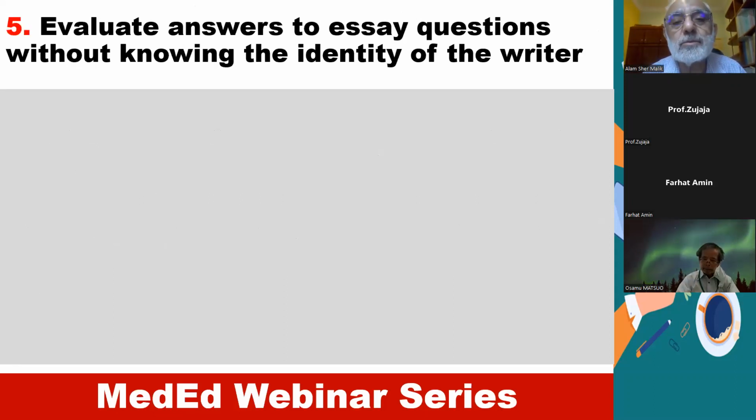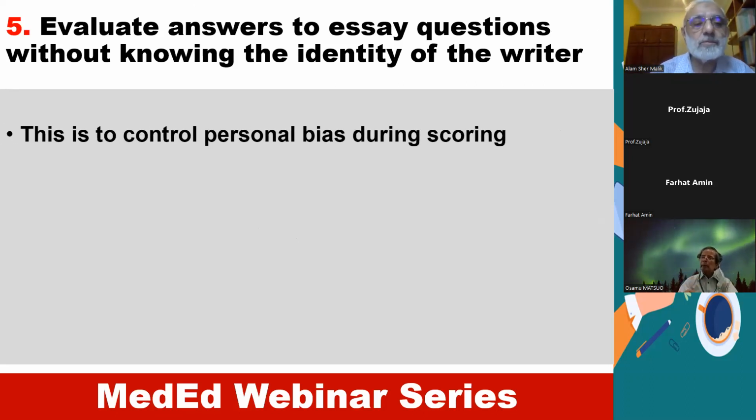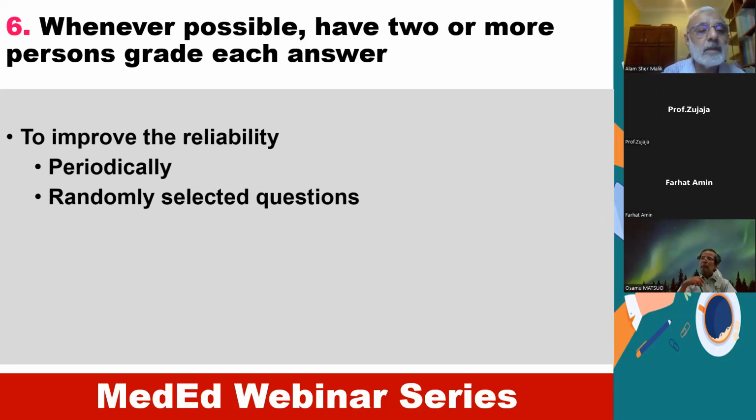Evaluate answers to essay questions without knowing the identity of the writer. Of course, this is obvious, to control personal bias. Whenever possible, have 2 or more persons grade each answer. We actually practice this, and this is to improve the reliability.